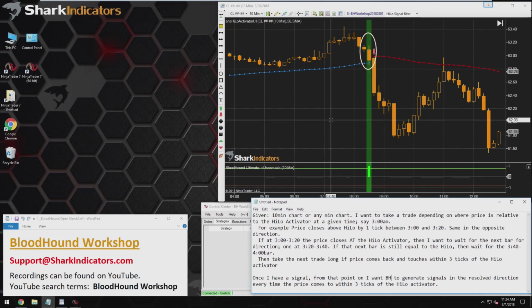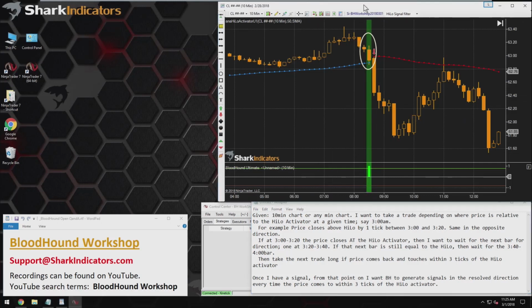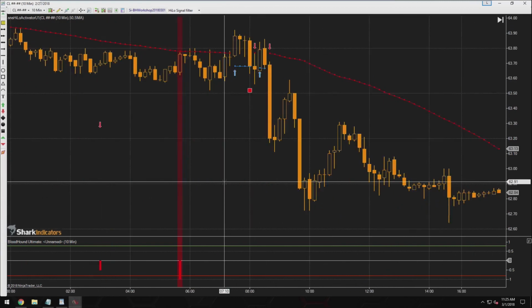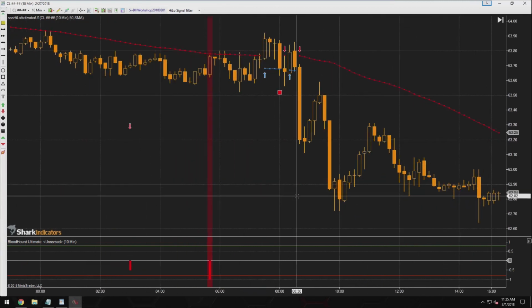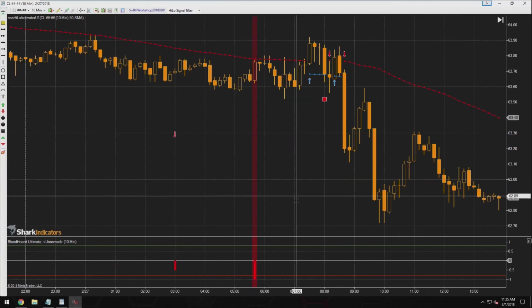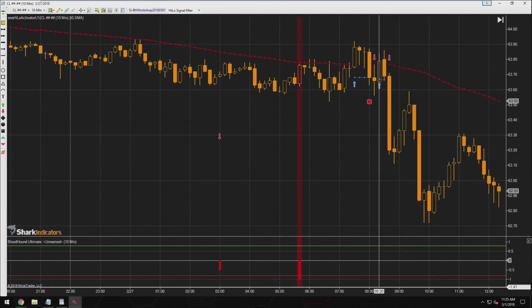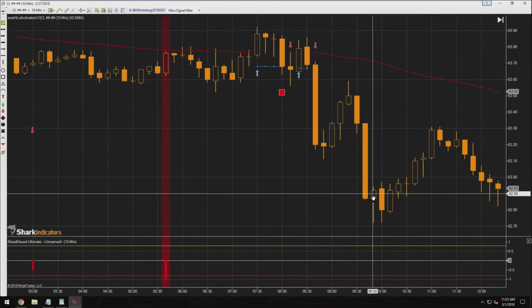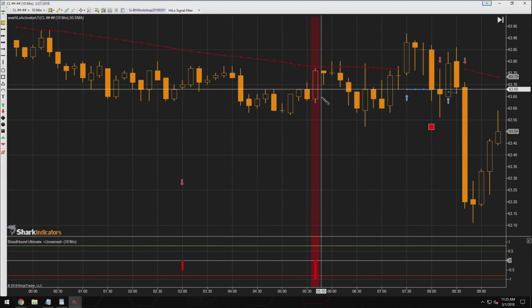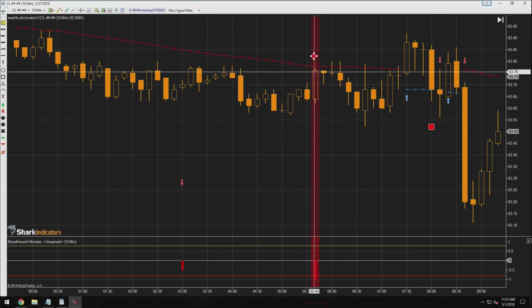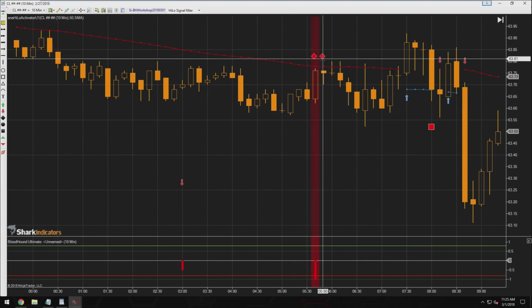Yep. Oh, actually, that is not the case here. So let's see. Okay, here's a place where we can work. So I'll just mark the bars here. There's one bar where price came and touched the high-low activator.